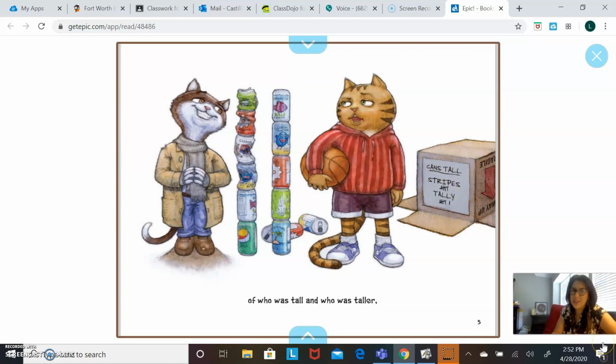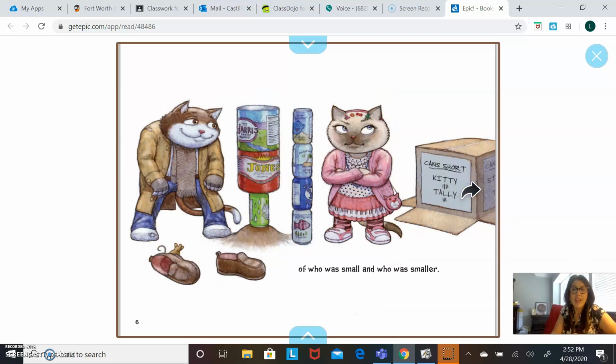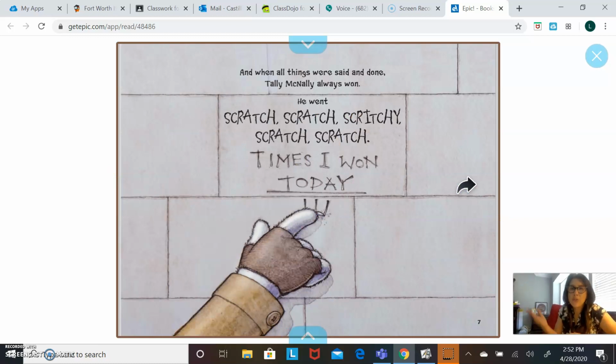I'm thinking the reason they call him Tally Cat is because he makes tallies for just about everything, doesn't he? Of who was small and who was smaller. And when all things were said and done, Tally McNally always won. He went scratch, scratch, scritchy, scratch, scratch. Times I won today.